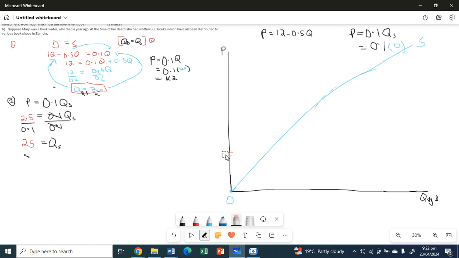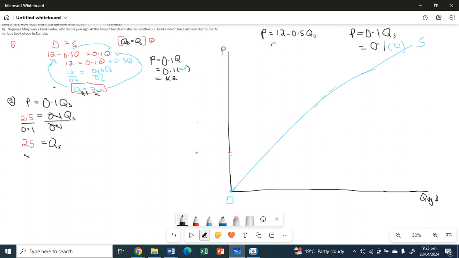So also the same thing for the demand equation. You want to find where it is cutting the y-axis, basically where it is starting from, because usually with this type of graph you never look at the negative sides. So again, you equate QD to 0.